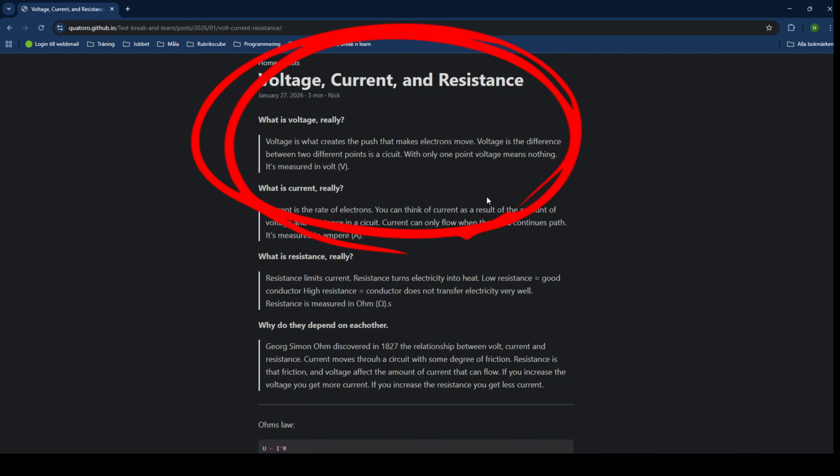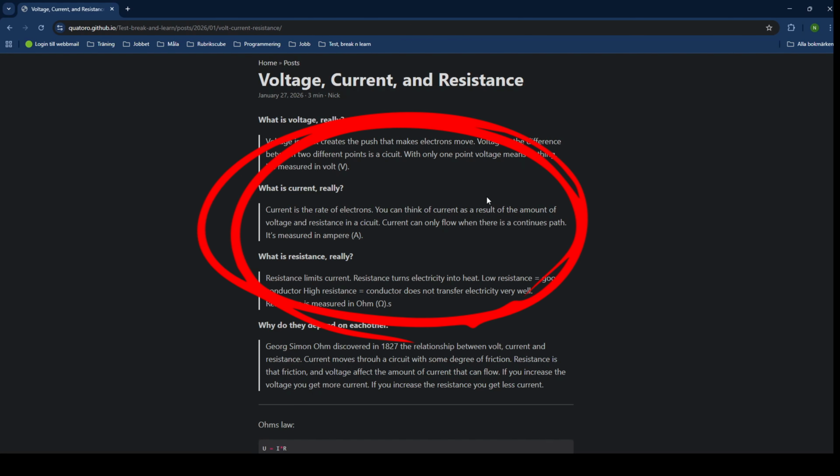It's the potential difference between two points in a circuit. Current is the rate of electrons. Current is the result of the amount of voltage and resistance in a circuit. And there's no current if there's no continuous circuit.